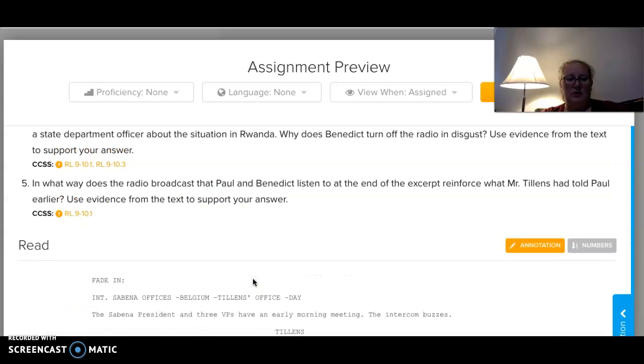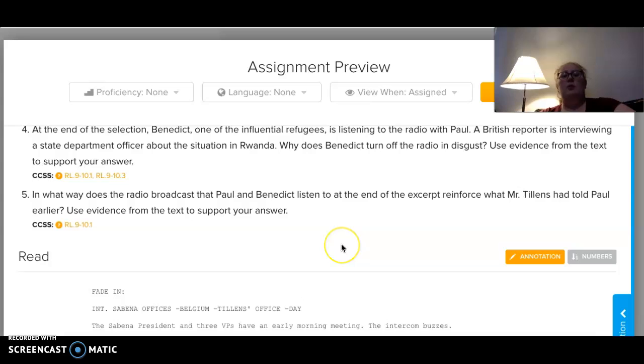The one I wanted to look at says, in what way does the radio broadcast that Paul and Benedict listened to at the end of the excerpt reinforce what Mr. Tillins had told Paul earlier?